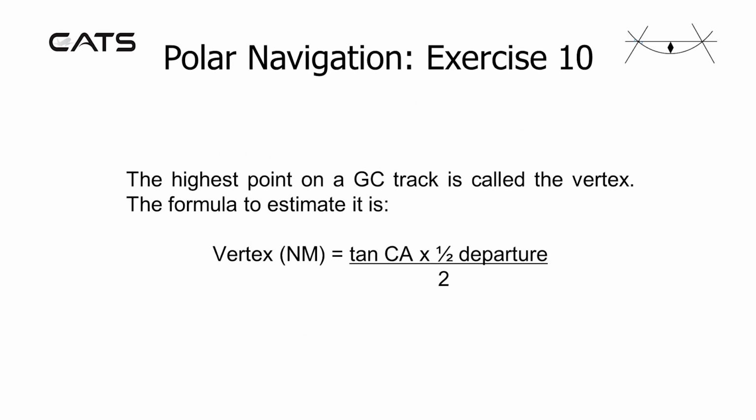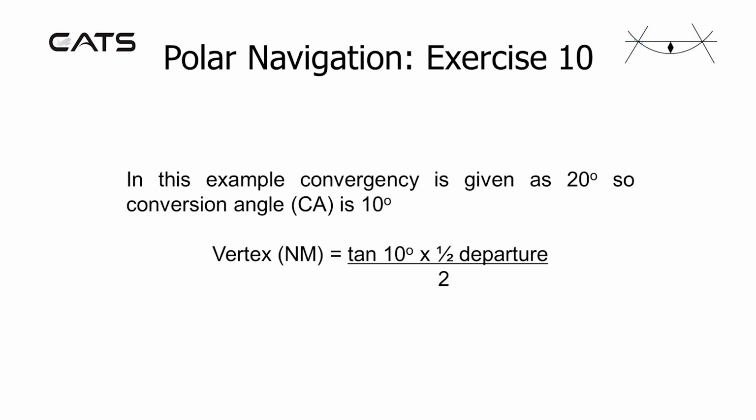The vertex, the highest point on the great circle, in nautical miles, equals tan of the convergence angle multiplied by half departure divided by 2. Convergence angle is half of convergence, and convergence was given as 20 degrees. Half of this is 10 degrees.